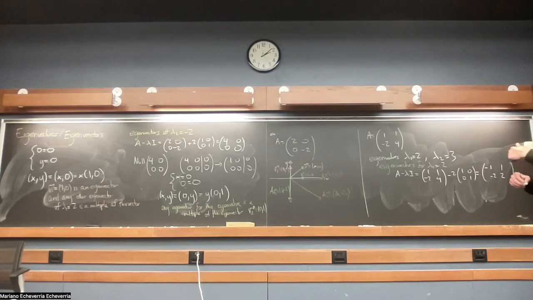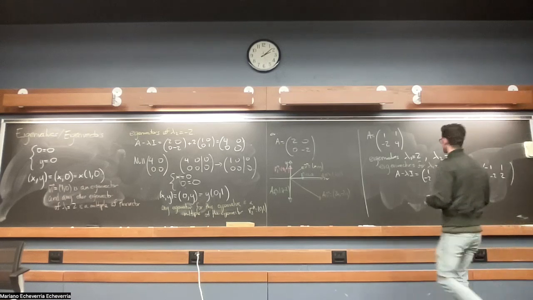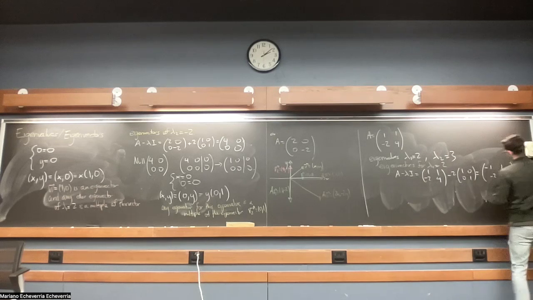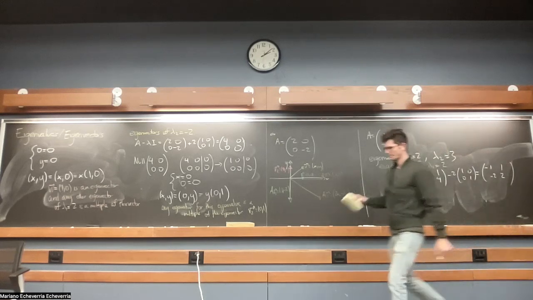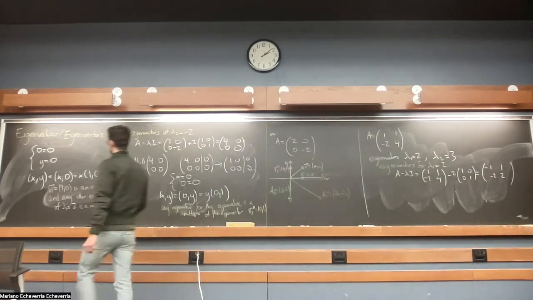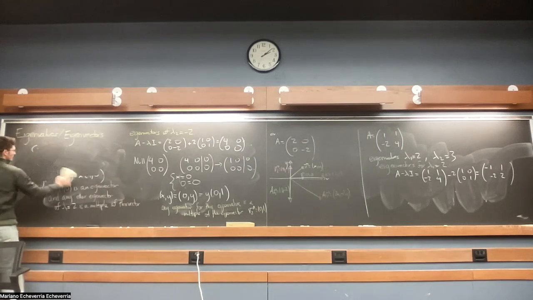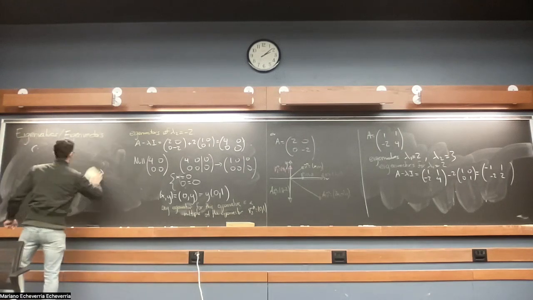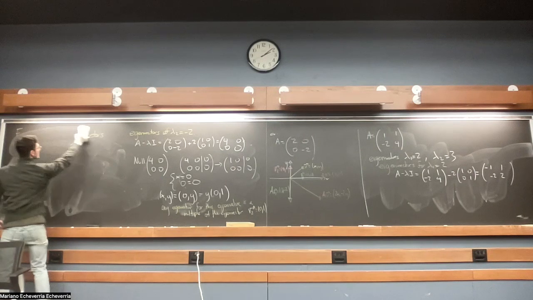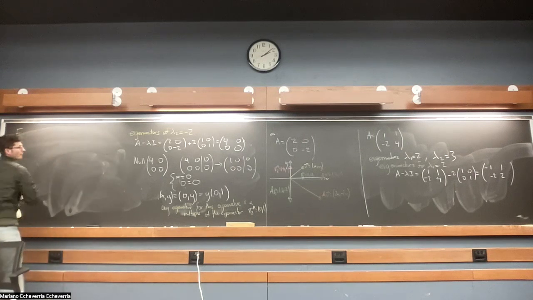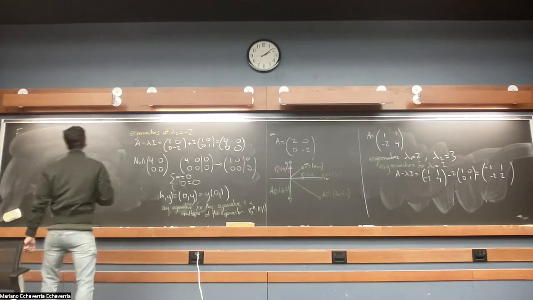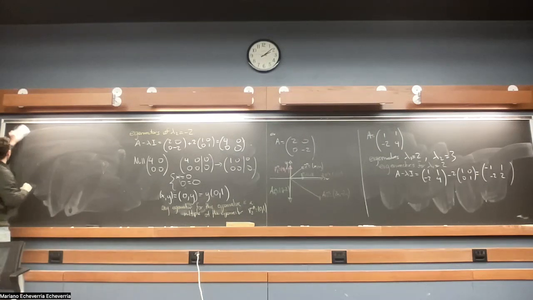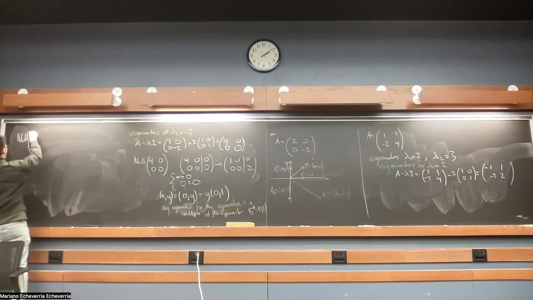So we have to look at the null space of this matrix, so null of -1, 1, -2, 2.